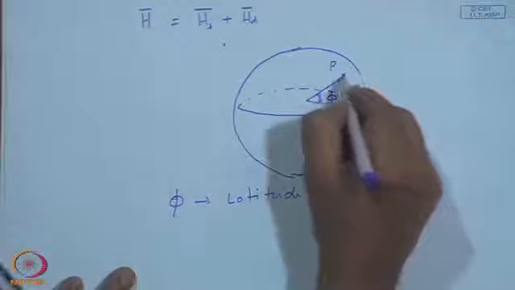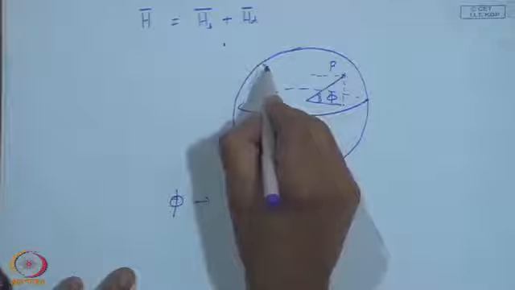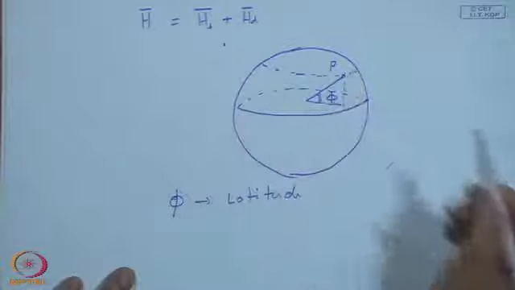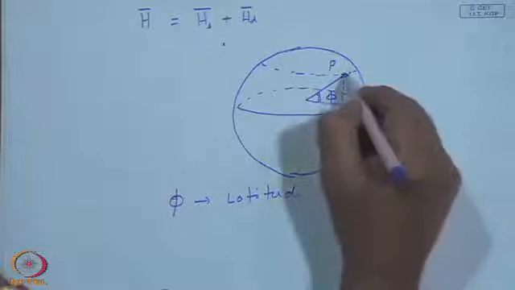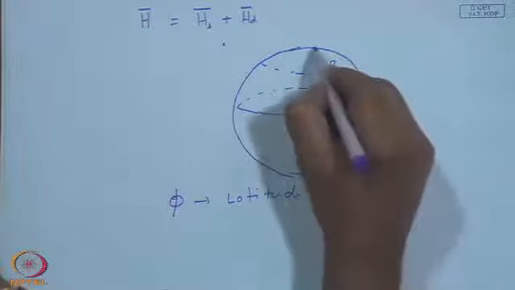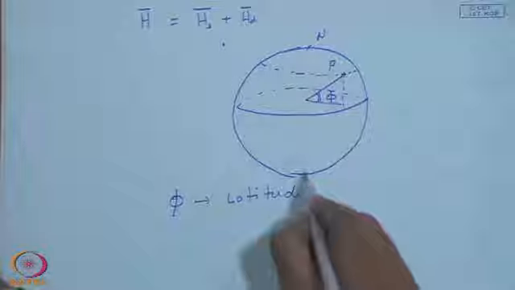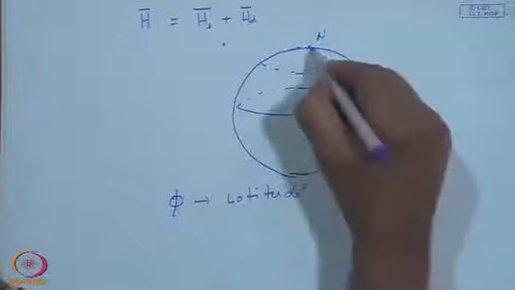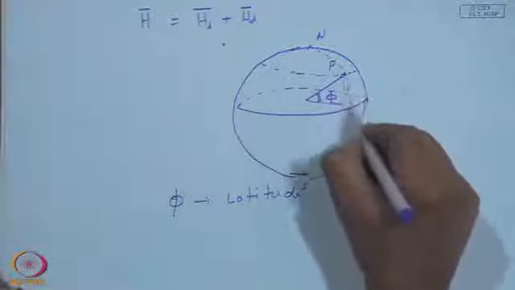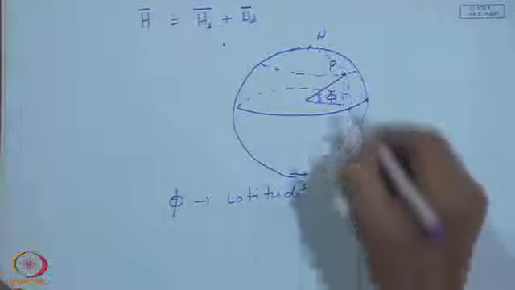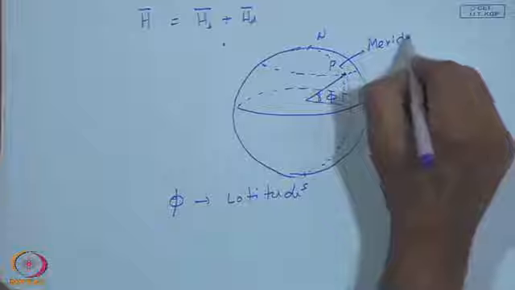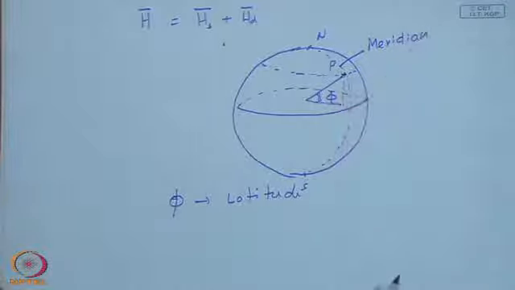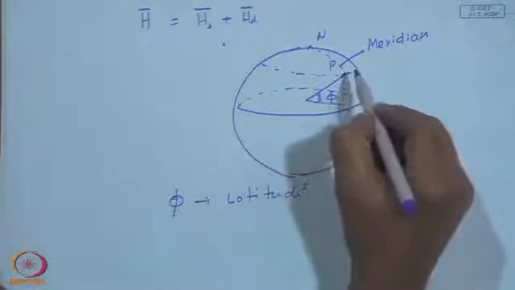All the locations on this circle will have the same latitude. At the same time, two coordinates are necessary to fix the point. If this is the north pole and this is the south pole, I can draw a meridian passing through that point, and that fixes the point P.